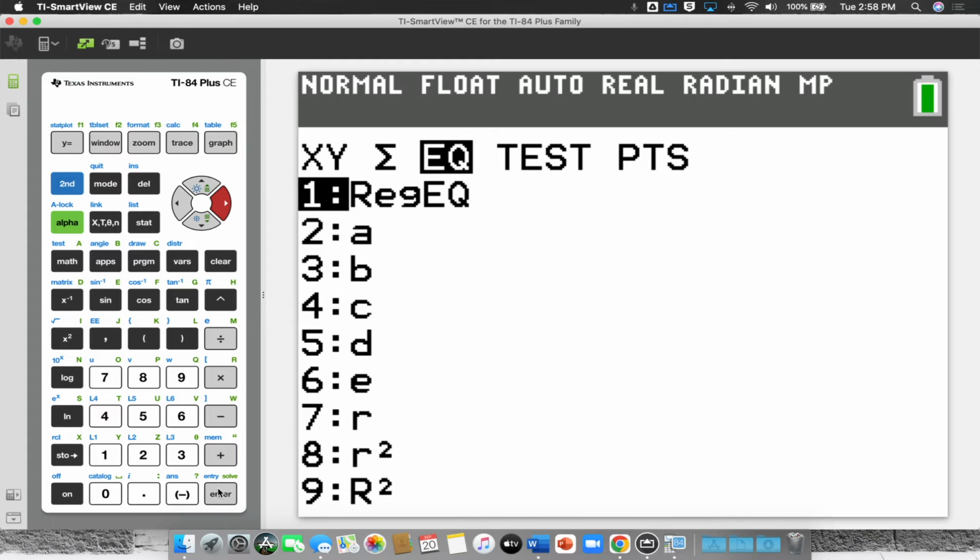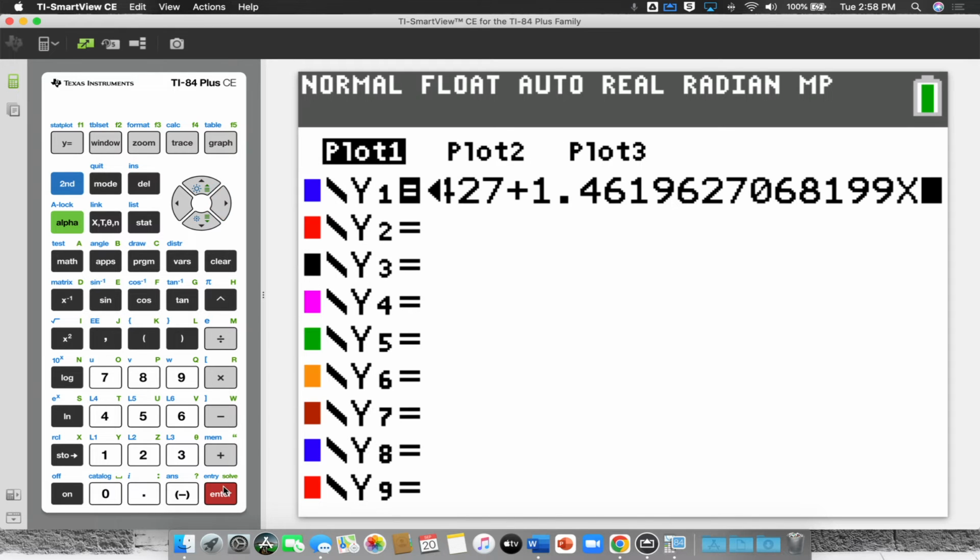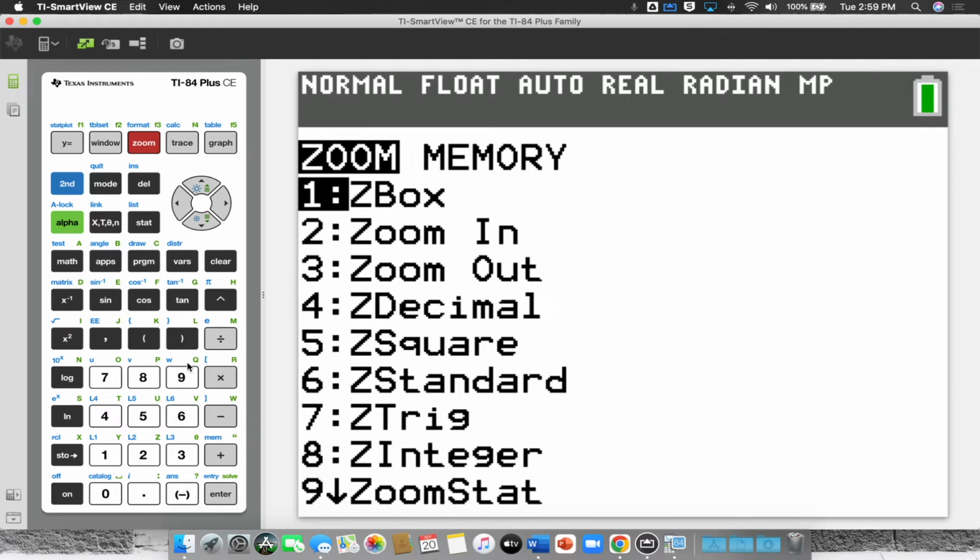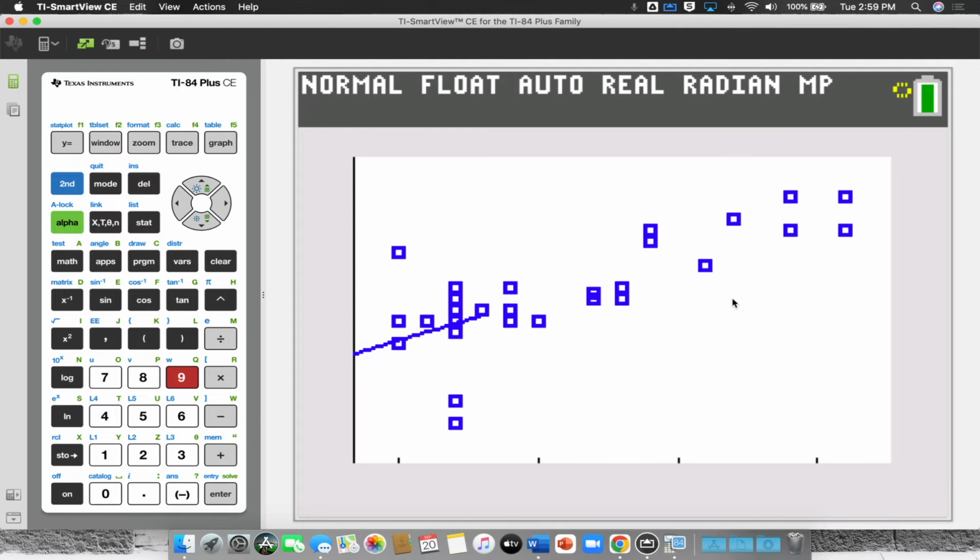Hit enter and it'll appear. This time it appears as a graph. This is the equation. Now we need to see that equation. So let's go see it. Go to zoom stat. Zoom stat. So here's your old equation plus the line there.